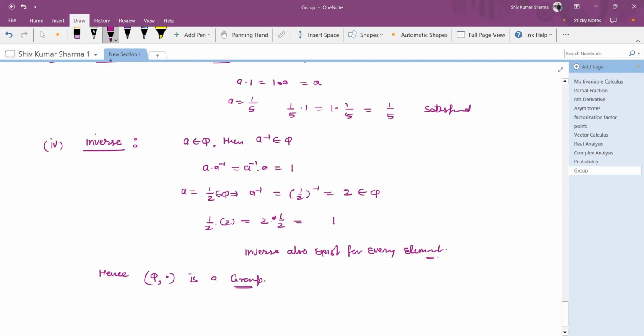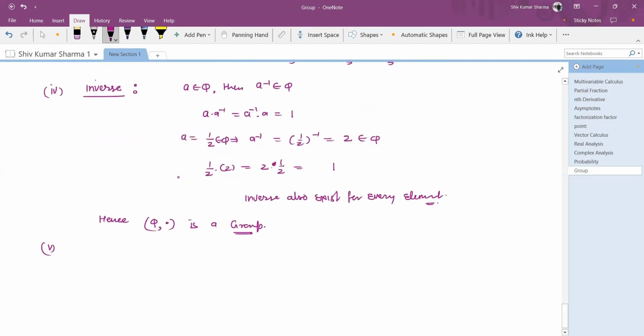Now we move to the fifth property. When this is a group, is it an abelian group or not? So the commutative property also holds, that means A into B is equal to B into A. Suppose we consider A equal to 1 by 3 and B equal to 3 by 5, which belong to the set of rational numbers.